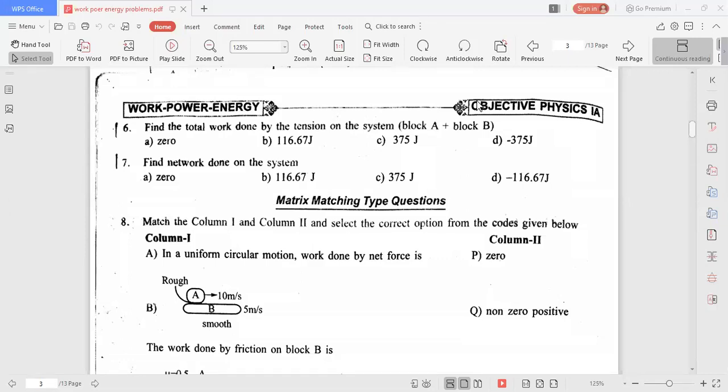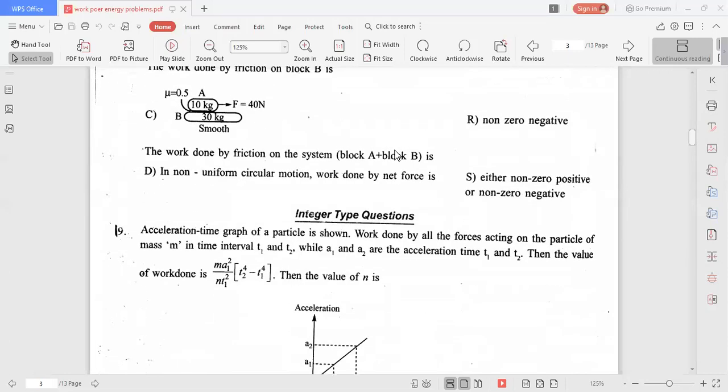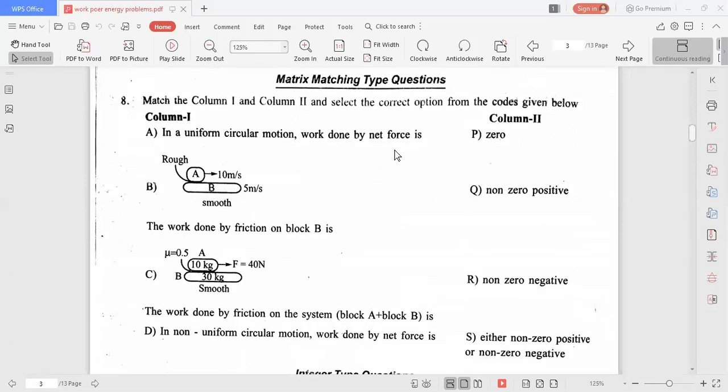Okay, next. See the other problem, the eighth problem. All of you see the eighth problem, matrix matching. This is a conceptual problem only. Orally we can discuss.